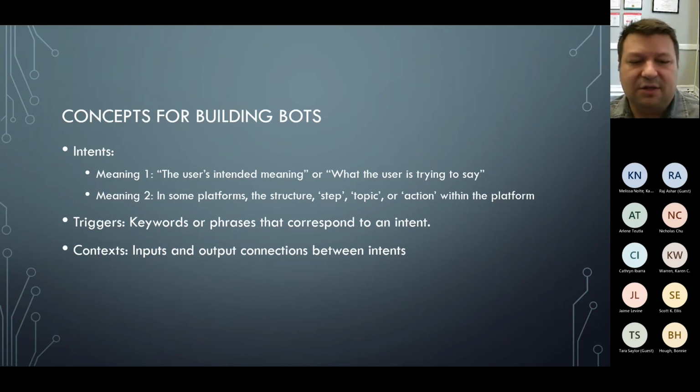But later on, as you go through the history of the public actually interacting with the system, you can use their real statements and queries to further refine and develop the triggers. Contexts are input and output connections between intents. These link intents together into a hierarchy, and they give a conversation structure so there can be a natural back and forth.